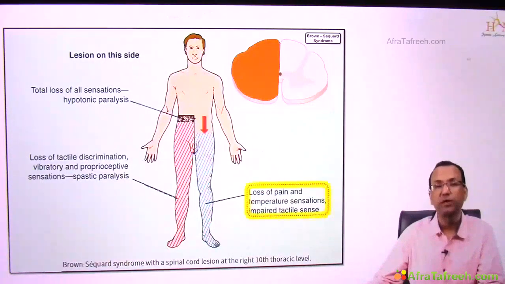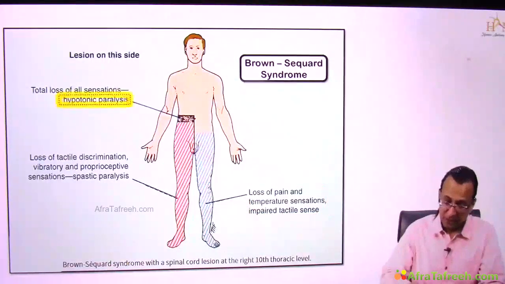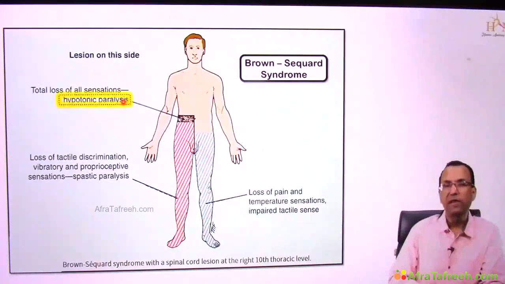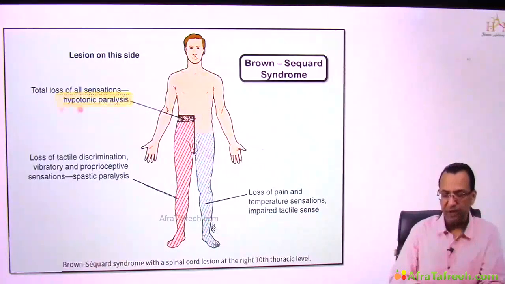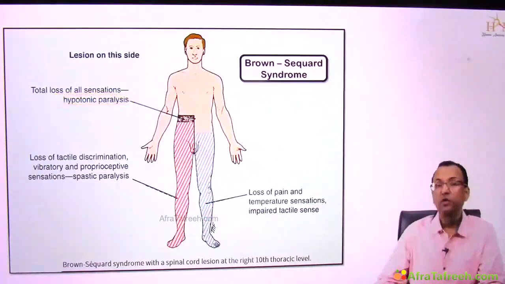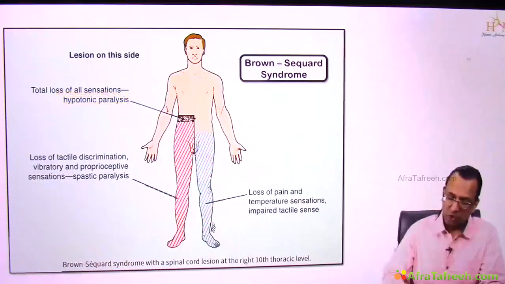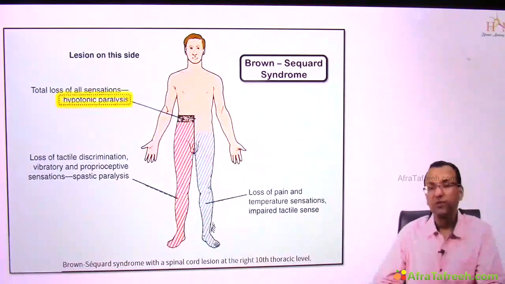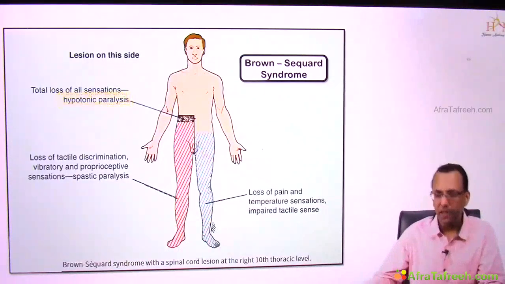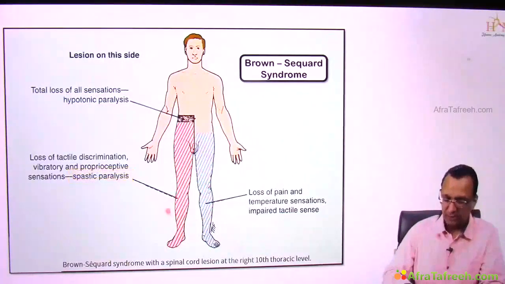That also we need to explain why it's happening that way. But see, there will be a flaccid paralysis, T10 muscles. The T10 muscles will have flaccid paralysis due to injury of lower motor neuron in the spinal cord. So lower motor neuron are injured in the spinal cord. At the T10 level, there will be flaccid paralysis, but below the level of lesion, there is spastic paralysis.